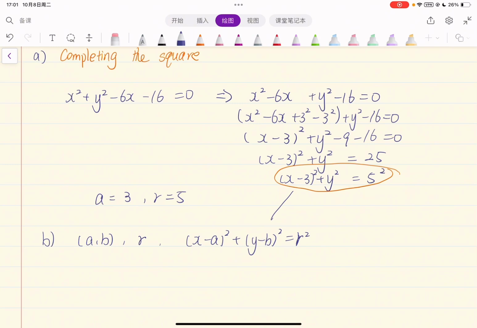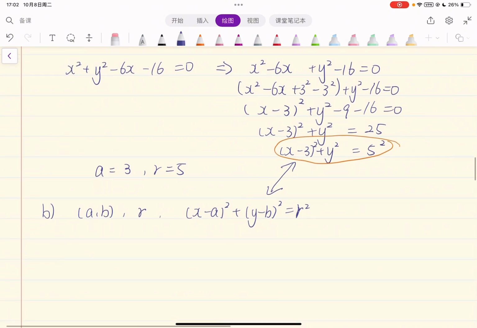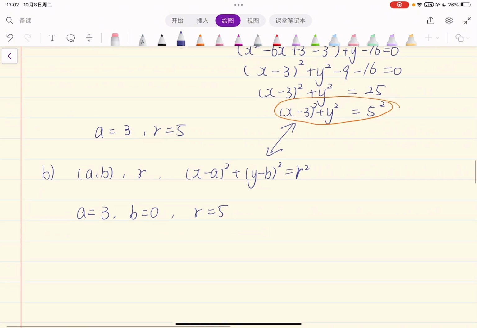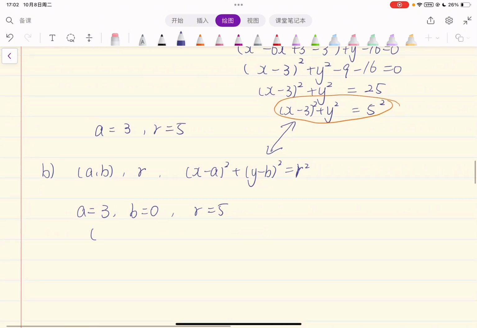Now compare to what we have done from part A, we can see that a equals 3 and b equals 0, r equals 5, which means we have the center 3, 0, and the radius is 5.